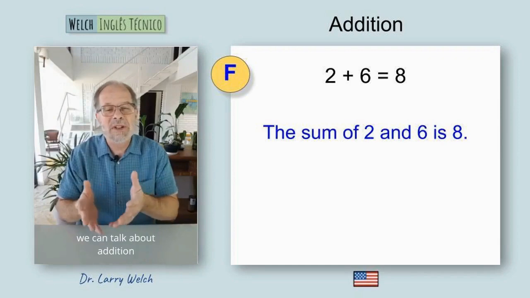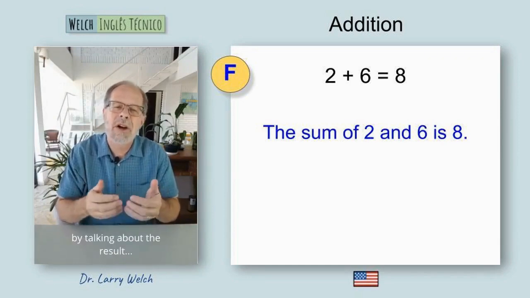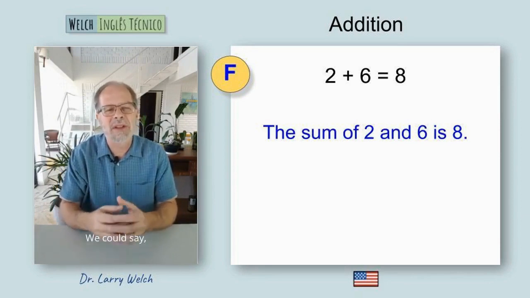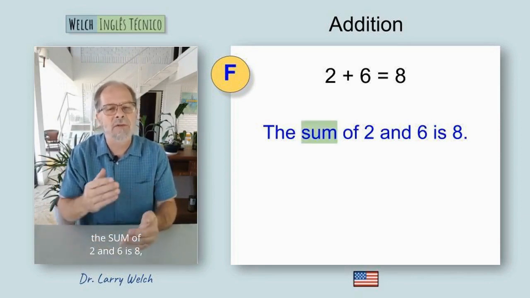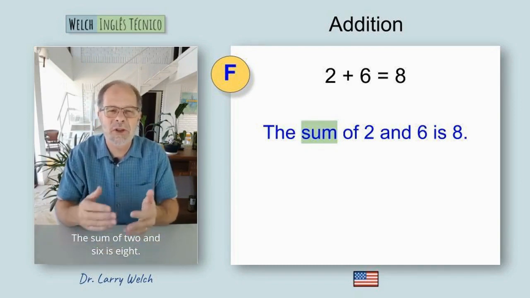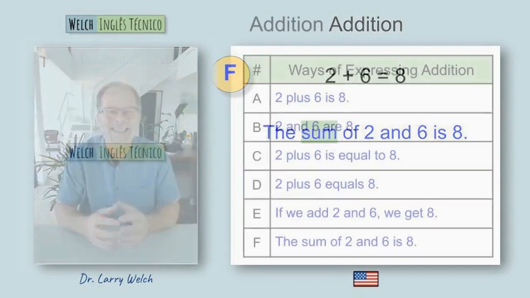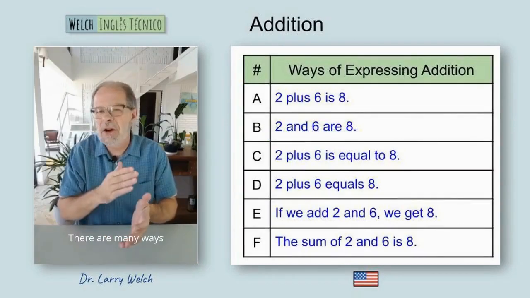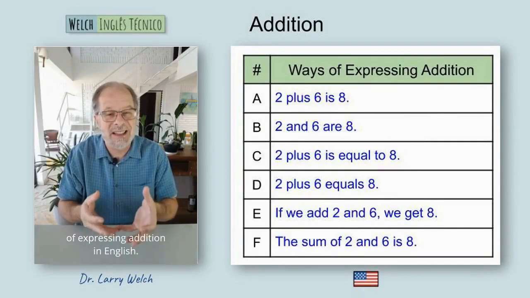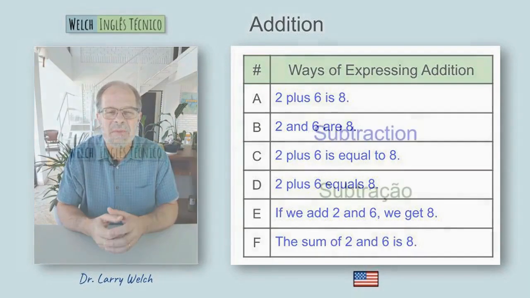Finally, we can talk about addition by talking about the result, the sum. We could say the sum of 2 and 6 is 8. As we can see, there are many ways of expressing addition in English.